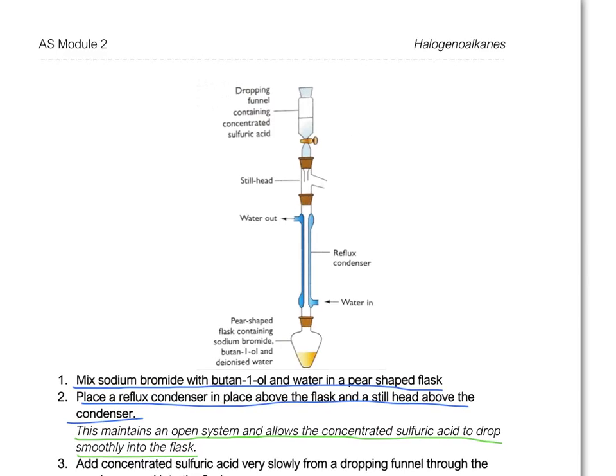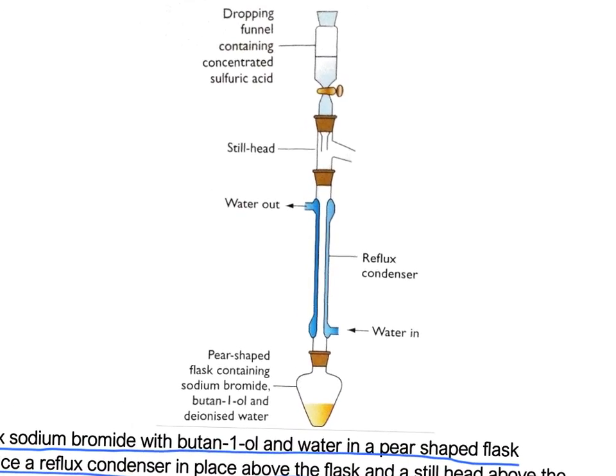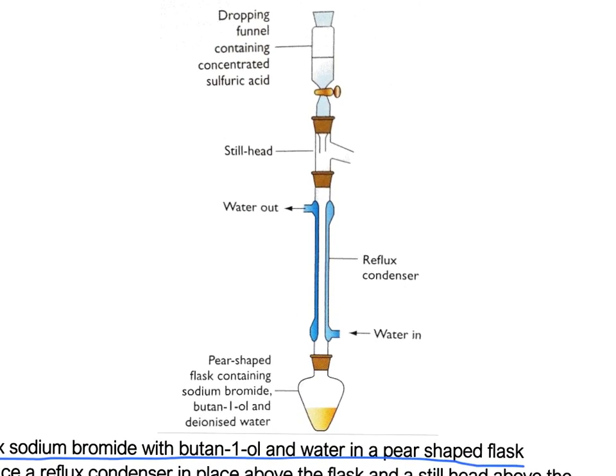Taking you back to your diagram of reflux, you can see that it's fitted with a reflux condenser, which is basically like your Liebig condenser, but it is positioned vertically rather than the way it would normally be in distillation apparatus, which we will also see later on.